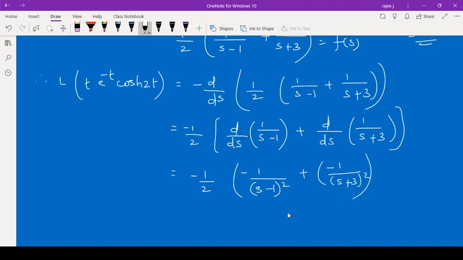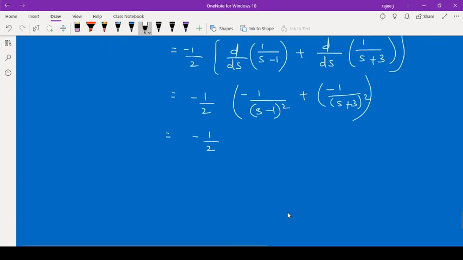That equals minus 1 by 2 into all of this; here also a minus sign is there, so we take the negative sign outside, and minus into minus becomes plus: 1 by 2 into 1 by s minus 1 the whole square plus 1 by s plus 3 the whole square. Here you can leave it, no need to simplify this one.